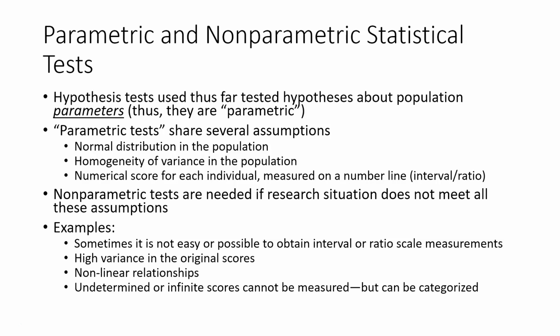And your top category was like greater than 150,000. That is an undetermined or infinite score, because somebody might be earning $200 million a year or $1 billion a year or something like that, and that would be an undefined or an undetermined score in this scale.